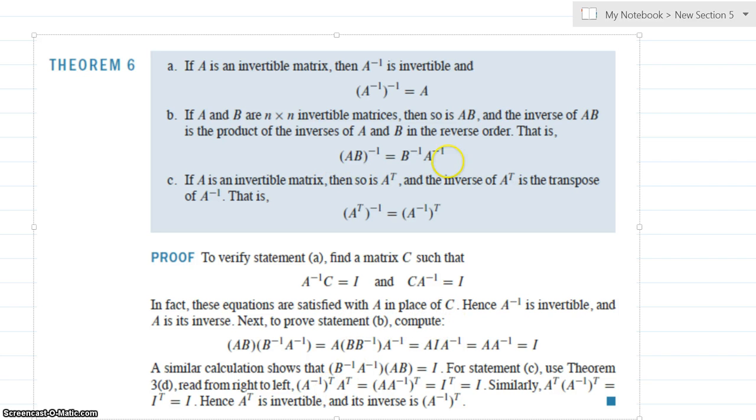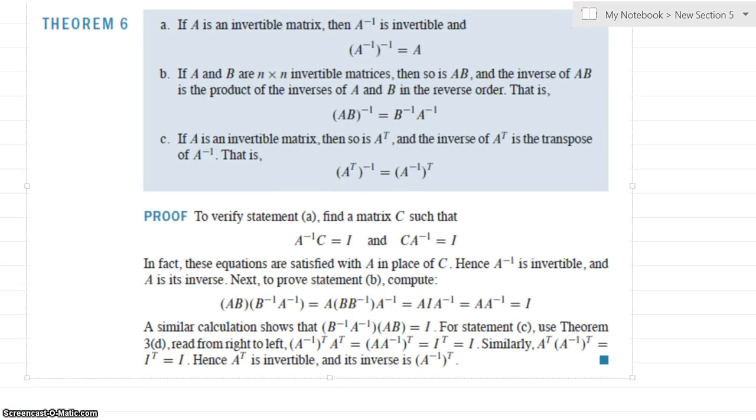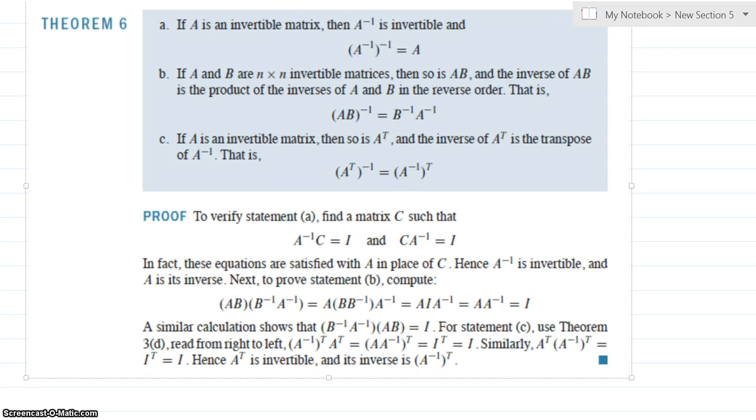The next one, this is kind of interesting, that if you take A times B and find the inverse, just like the transpose, you have to flip this. It's going to be B inverse times A inverse, not what you think, A inverse times B inverse. To show that, we're looking for AB times some C to equal I. So let's see if it's this.